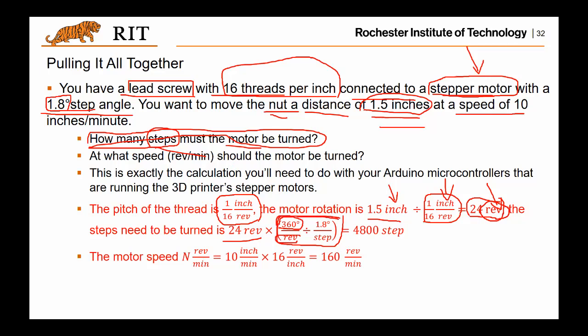Then you will come up with the steps for the motor in one revolution, 200. Now you have 24 revolutions, so multiply by 24, and you will have 4,800 steps for turning the motor in 24 revolutions.